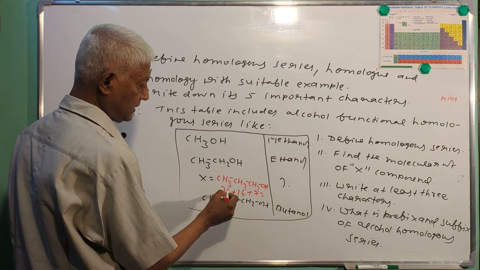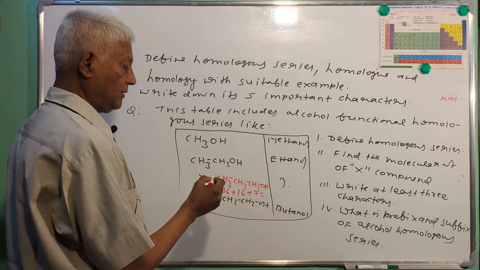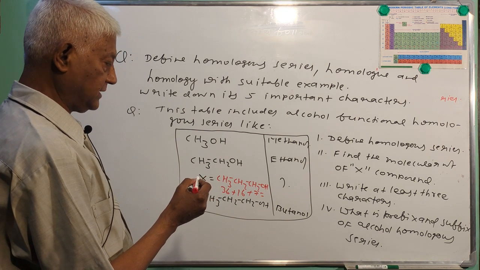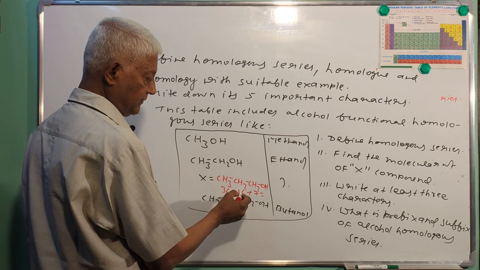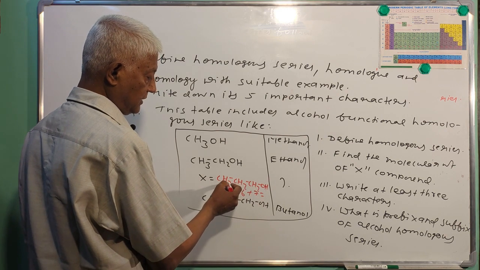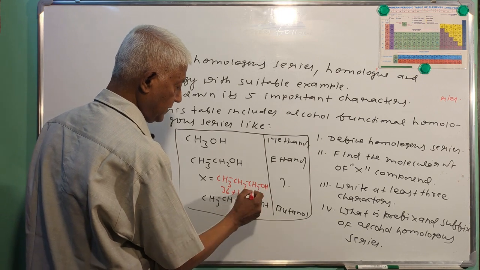So 1, 2, 3 carbons, 12 each, 3 times 12 is 36. Oxygen is 16. And hydrogen, 3, 2, 5, 2, 7 and 1, so 8.